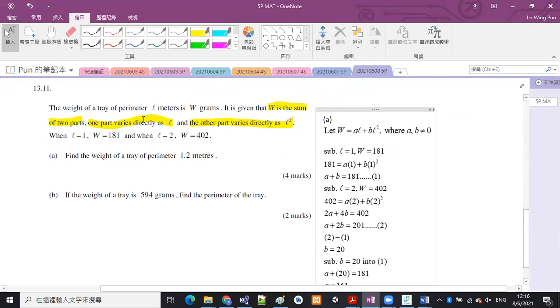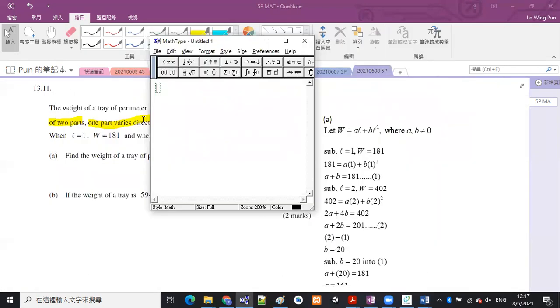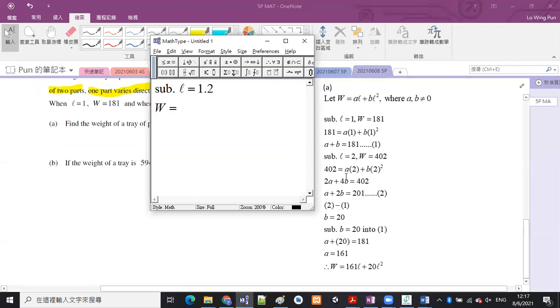And the weight is represented by W. So I'm going to put L to be 1.2 and calculate the value of W. So, sub L equals 1.2 into our equation. W is calculated by 161 times 1.2 plus 20 times (1.2) squared.